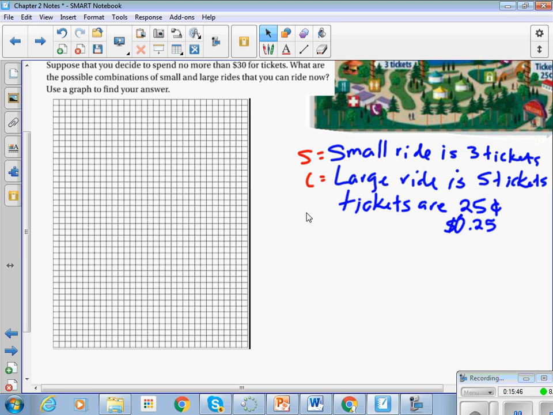Which one do we put on which axis? Which one usually goes where? I would do tickets on the bottom and money because the amount of money you spend is dependent on the number of tickets you're going to buy. Right.